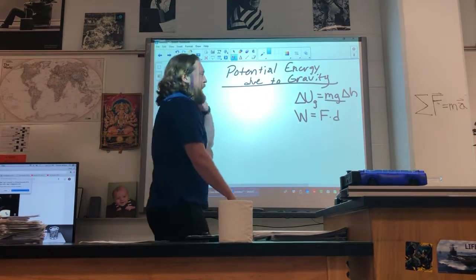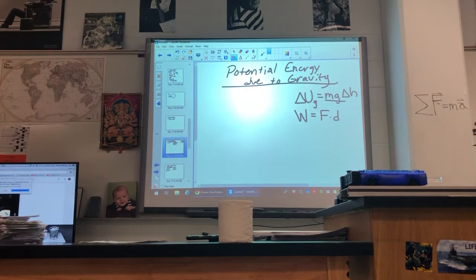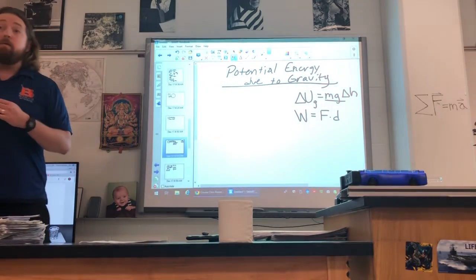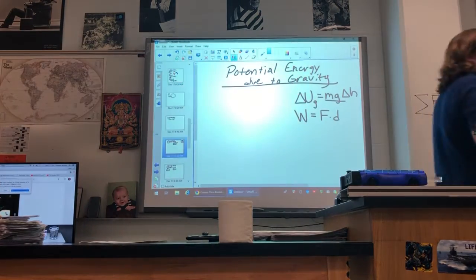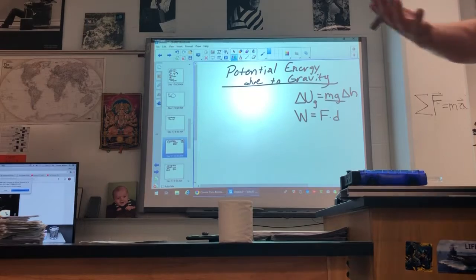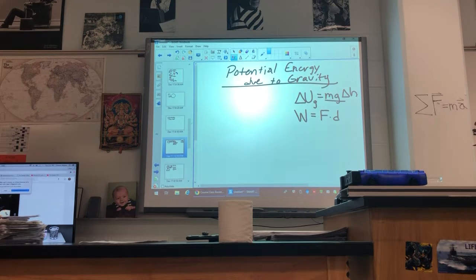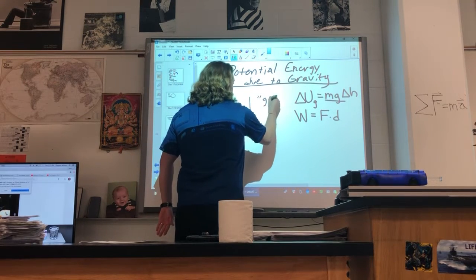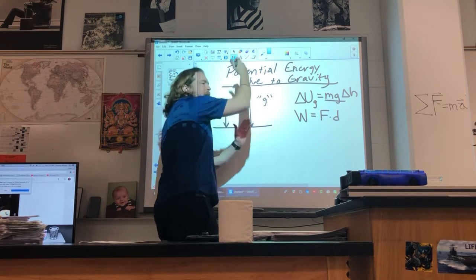Now, why were we able to do that and use mgh for our potential energy in the past? Yeah, and most importantly, the force was constant. And the reason the force is constant when you're near the Earth's surface is because essentially when you're zoomed in near the Earth's surface, it's like a flat surface, which means the gravitational field that you're within is basically a uniform field. In other words, these field lines are not getting further apart as you get higher off the ground.